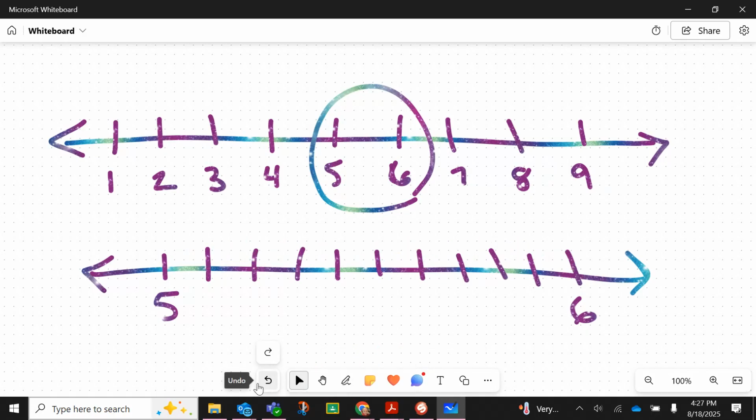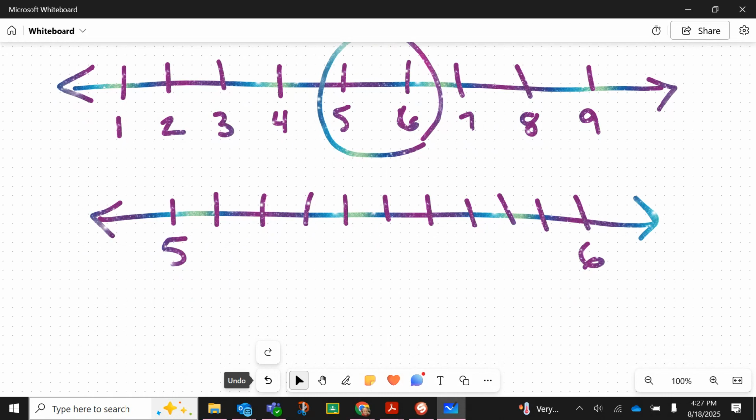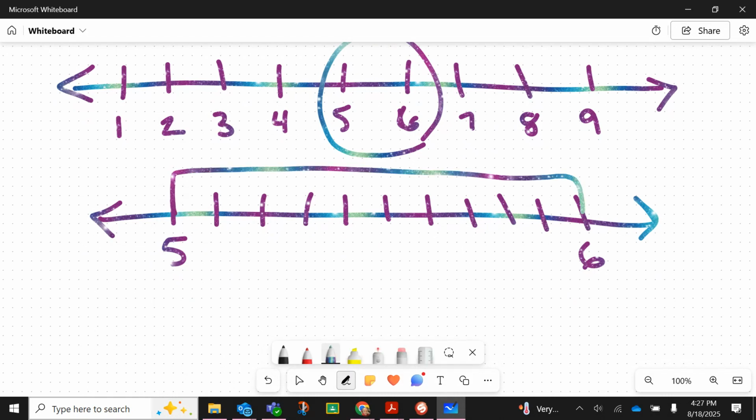I can think of this as a fraction bar, and if each one of these is a part, it would take all of these shaded in to make another whole. So each of these is 1/10.